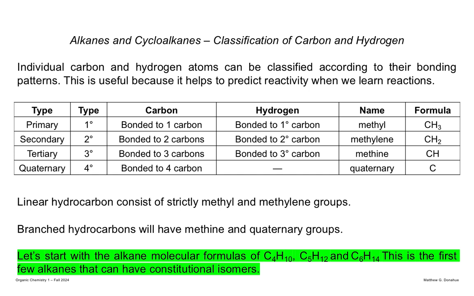As we go through the next couple slides, what we're going to do is take C4, C5, and C6 molecular formulas. We're going to draw linear and branched isomers, and then look at how we apply those rules to make those names.